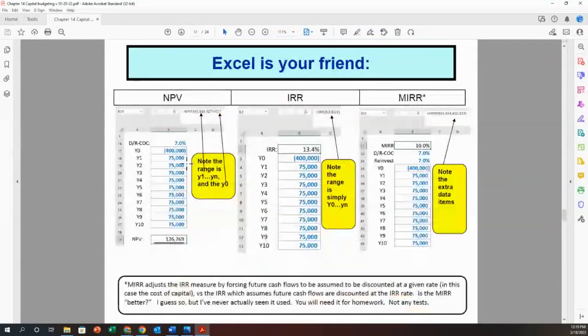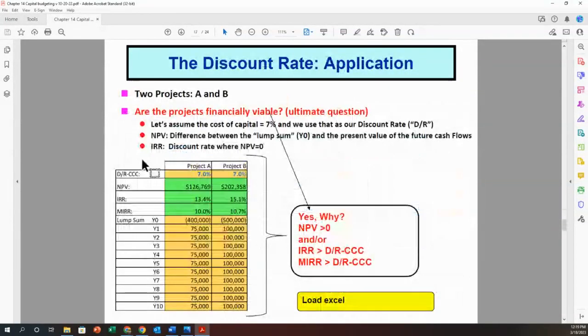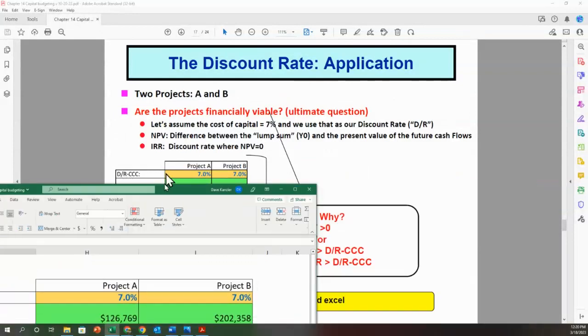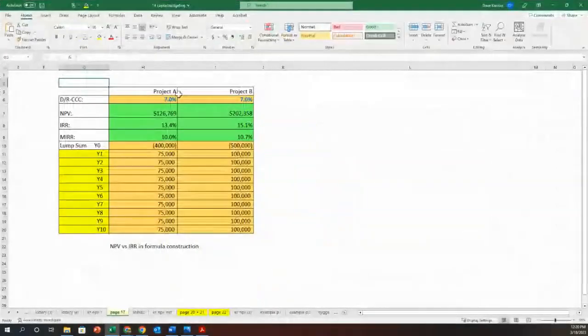Use the tools that are available to you. So I used Excel formula, and if you don't believe me, let's just show you. There's no magic here. It's not alchemy. Okay.